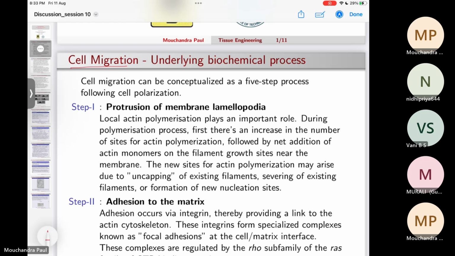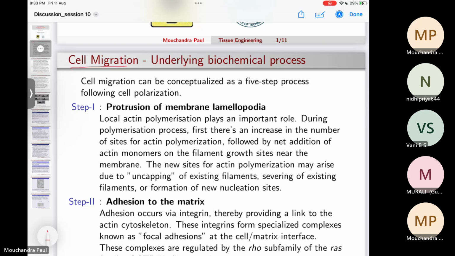Okay, so usually you cannot actually observe it happening, because cellular migration happens at a time scale that is much different from what we can comprehend. But usually what happens is, if you mark the point, say the cell was present at location A, and after some time, say 1 day or 2 days, the cell would have moved to another position.